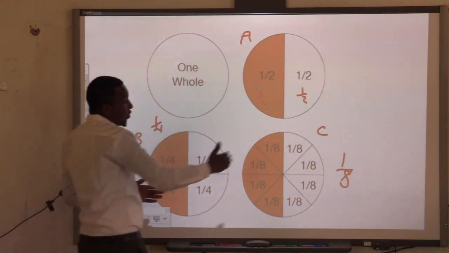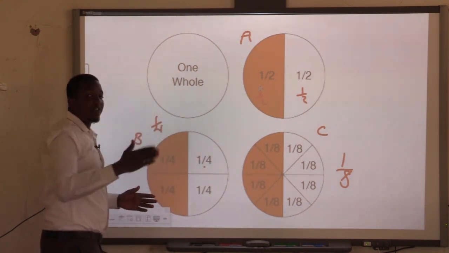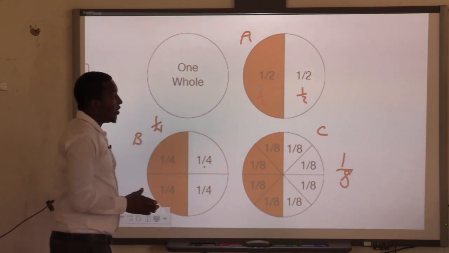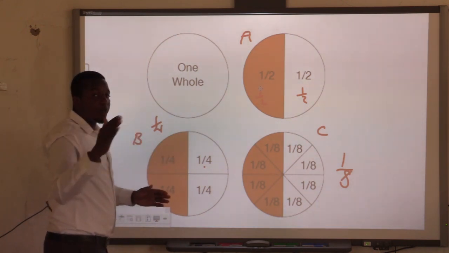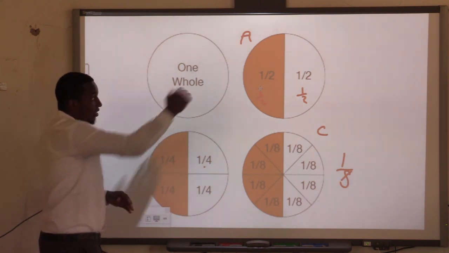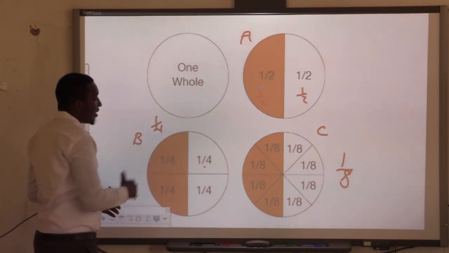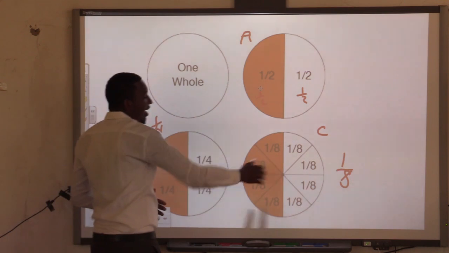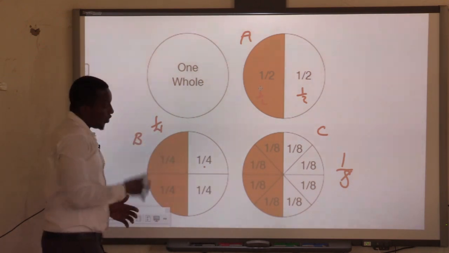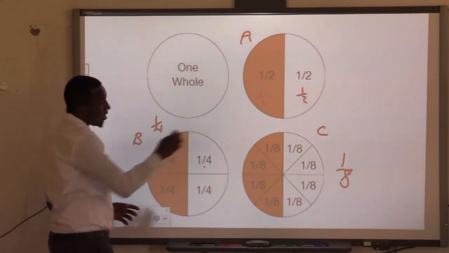But each and every one of these circles is divided into different proportions. Of course, each is divided into equal proportions at the circle level. That is, A has equal proportions, B has equal proportions, and C has equal proportions. Now we are going to compare the sides that are colored.